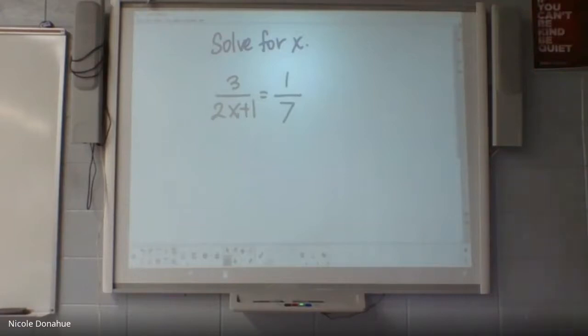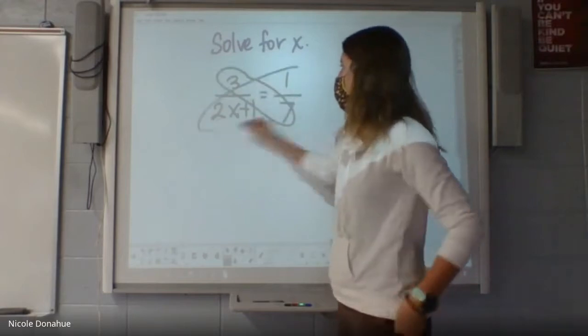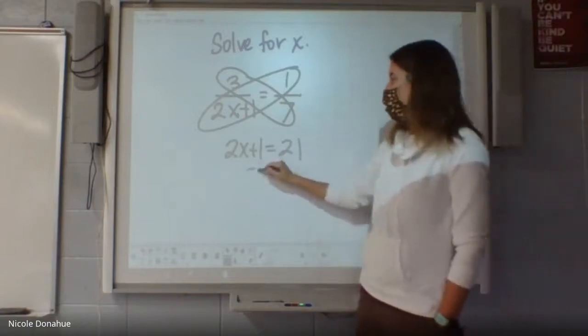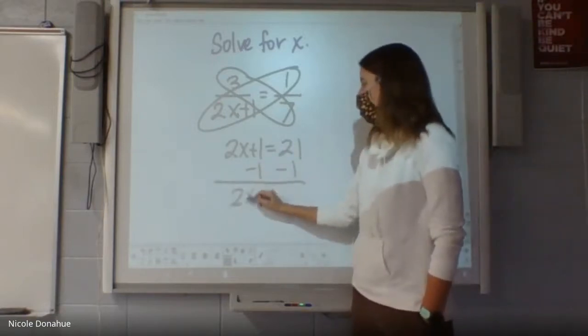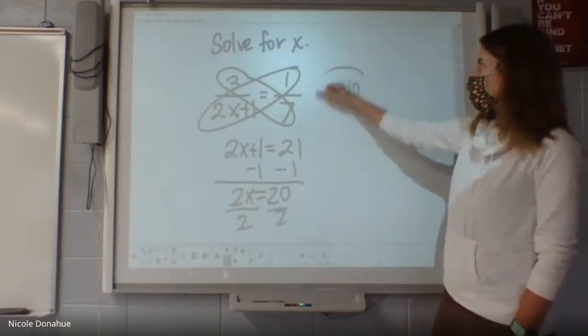So we cross multiply. So that just gives 2x plus 1, and that's going to equal this 21. We're going to set that equal to 2x plus 1, and then we're going to move this guy over. So we cross multiply, move the 1 over, 2x equals 20, divide by 2, so x ends up being 10 in this case.